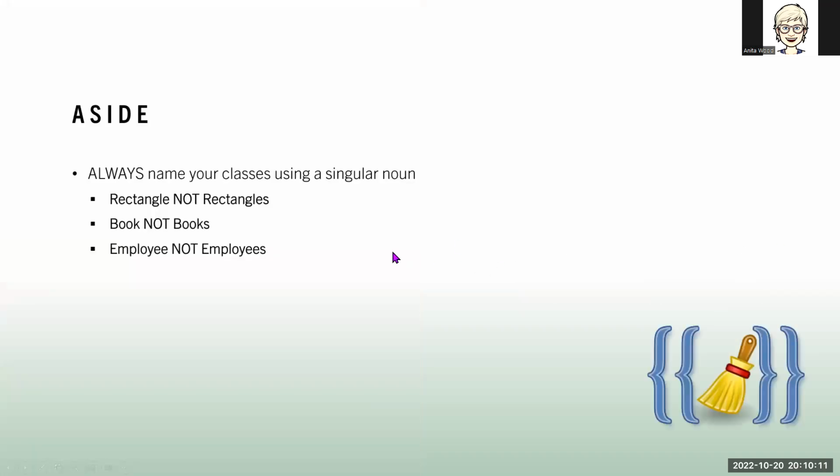One thing I do want to make an aside for: when we've been defining classes so far, there's something I have not made a point to mention, and I'm doing so here so that your assignments will work better. When I create a name for a class, we have to realize the class is a template and it will be used many times, but it represents one object.